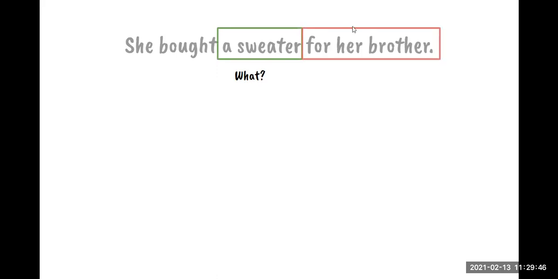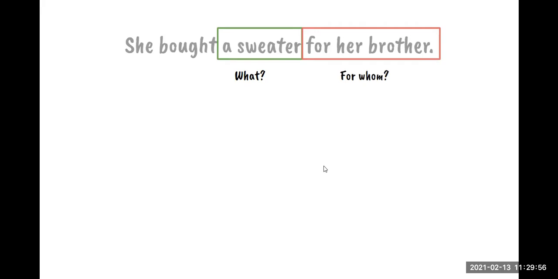Okay, thank you. So here we have a sweater is an object, and it answers the question what, so it's direct, right? And then we have her brother is the indirect object because it answers the question for whom.